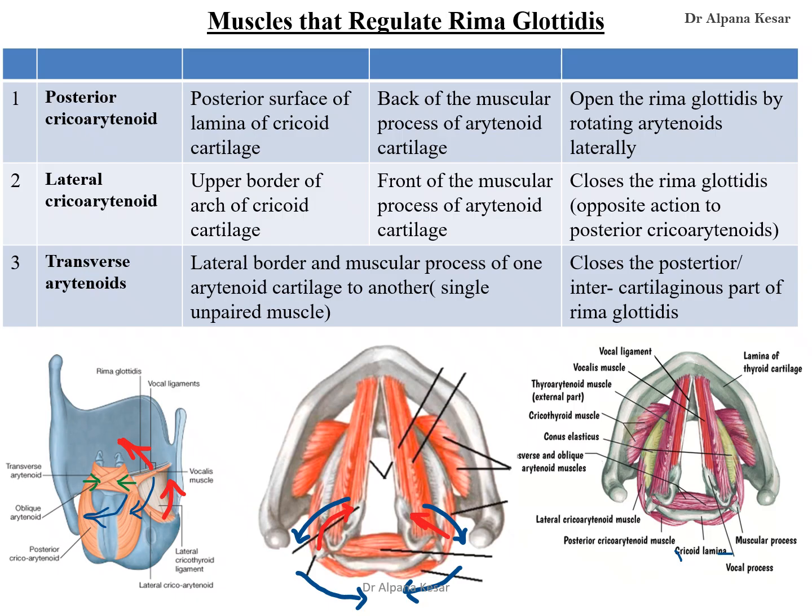Muscles that regulate Rima Glottidis. First, let us try to understand what is Rima Glottidis. These are the two arytenoid cartilages, and these are the vocal processes. The vocal process of arytenoid cartilage gives attachment to the vocal cords.